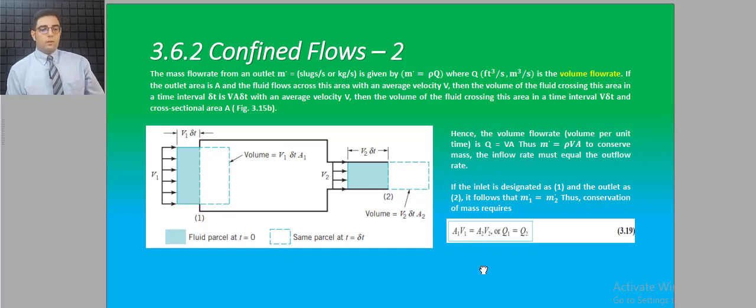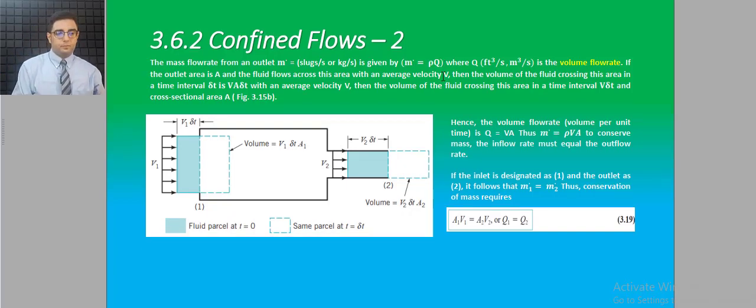The simple form is derived as this: m dot is equal to density multiplied by the volume flow rate. Volume flow rate is the multiplication of velocity passing through the corresponding cross-sectional area in a time interval, which is happening like this.